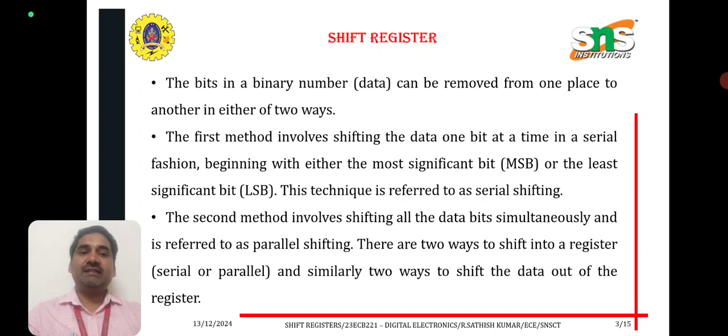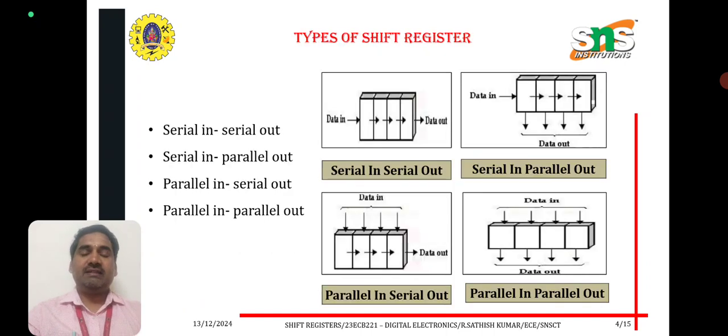There are two ways to shift data into a register, serial or parallel, and similarly two ways to shift the data out of the register. Next, these are the types of shift register. There are 4 types: serial in, serial out; serial in, parallel out; parallel in, serial out; and parallel in, parallel out. This is the representation of serial in, serial out: data in, data out.